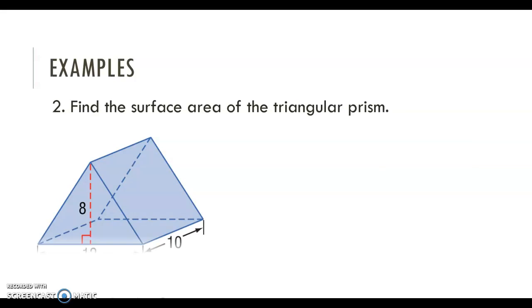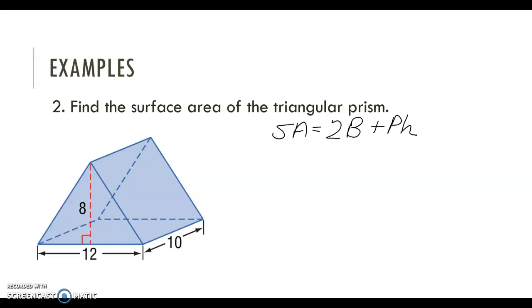Let's look at a triangular prism. So this is a triangular prism. So that means we're going to be using our surface area formula of 2 base areas. Anytime you see me use a capital B, that's referring to base area, plus perimeter, capital P, and then height of the prism.